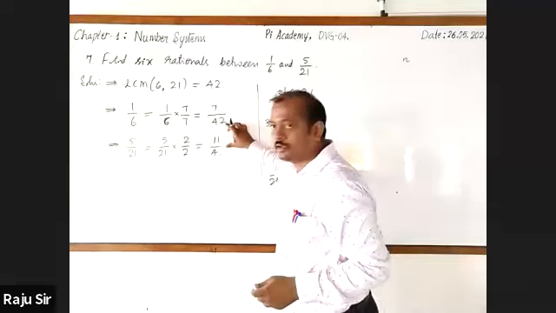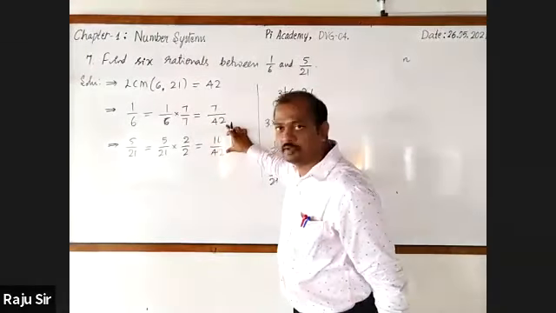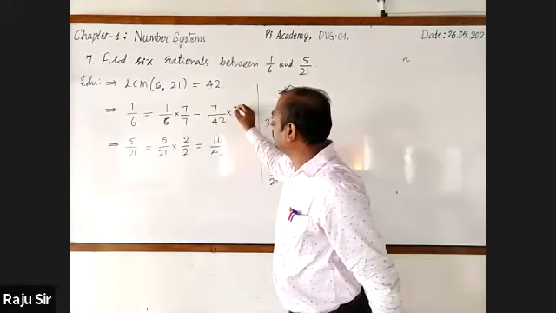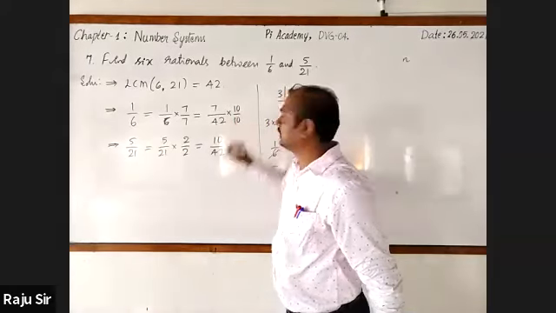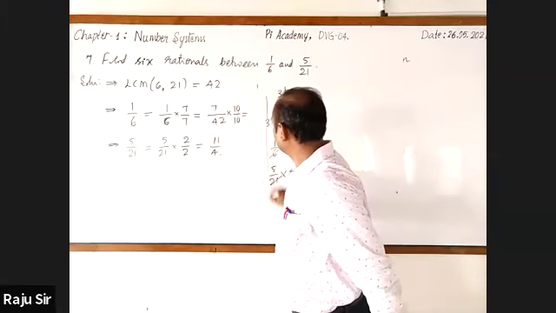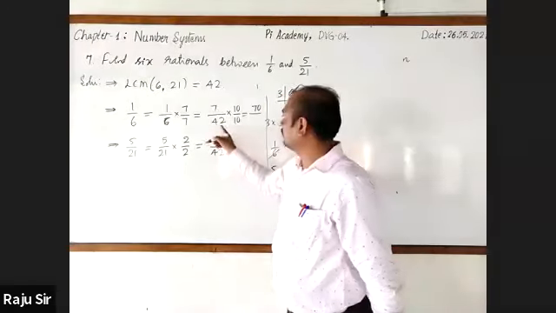Now observe here, we have got the denominator terms as same. As I said earlier, you may multiply 10 to the numerator and 10 to the denominator. 7 tens are 70, 42 tens are 420.